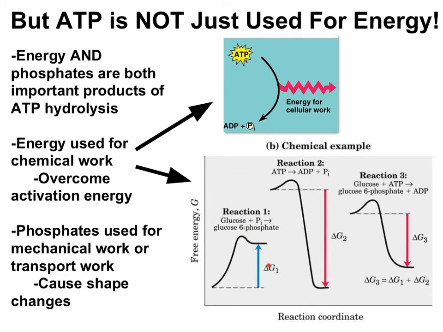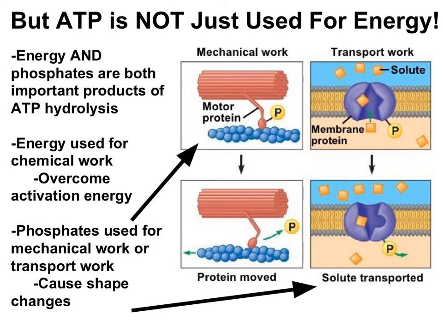So these reactions are coupled together in order to drive this final reaction right here. Glucose plus ATP, this phosphate is transferred to glucose to get glucose 6-phosphate plus ADP. This is actually the first chemical reaction of cell respiration.